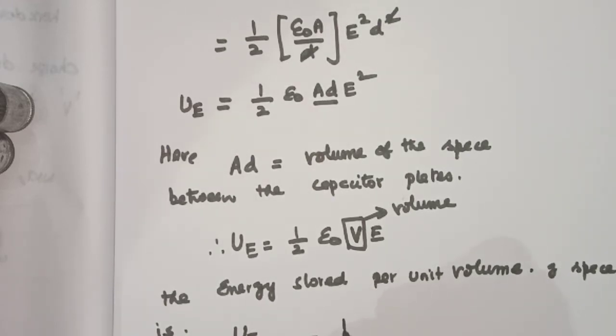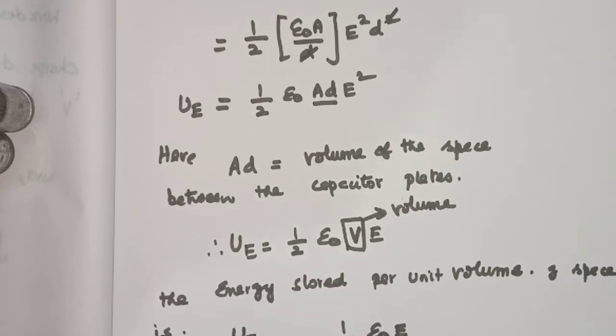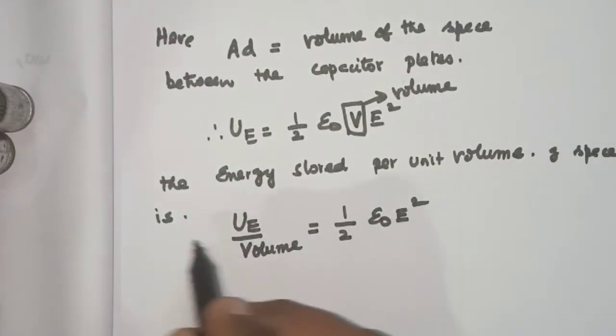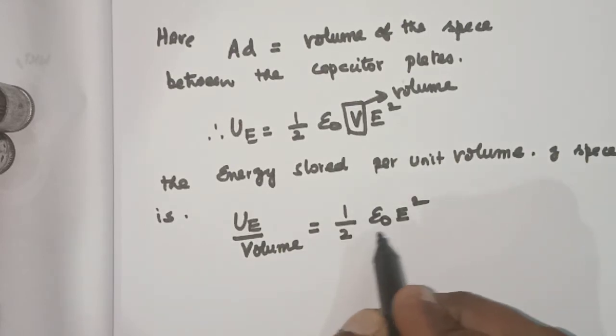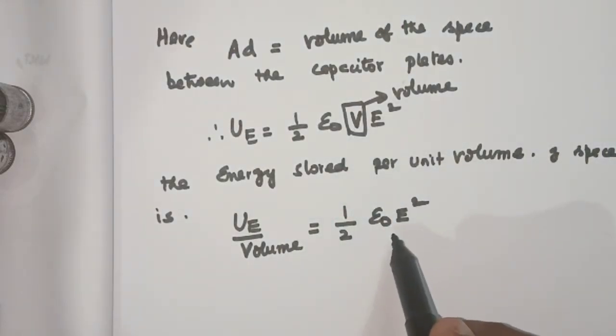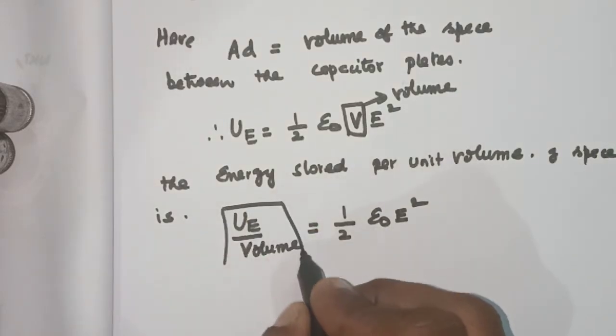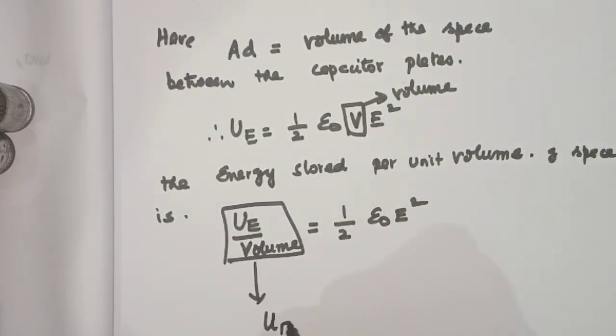That is I am going to write half epsilon naught, here volume is cancelled, we are getting E square. So energy stored per unit volume of space is UE divided by volume, half epsilon naught V E square. This volume is cancelled here, so E square. That is, I am taking this UE equal to half epsilon naught E square.